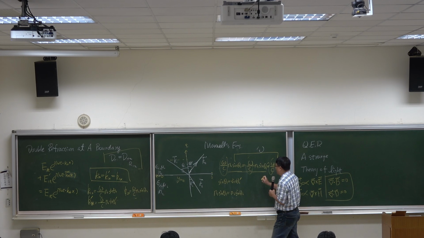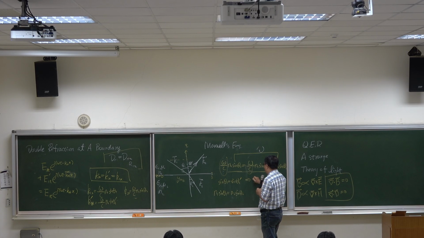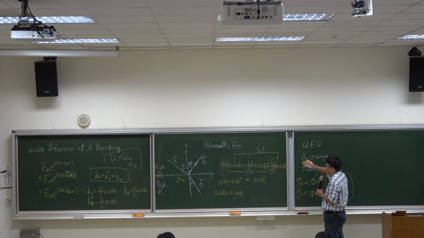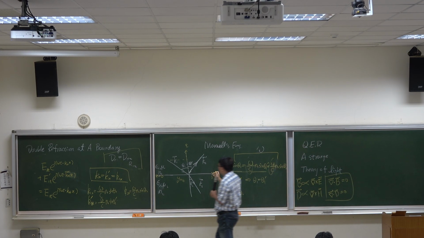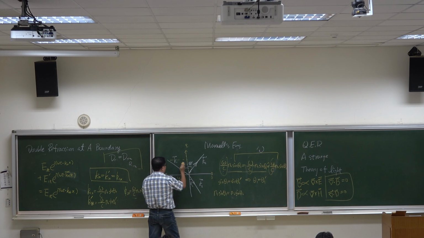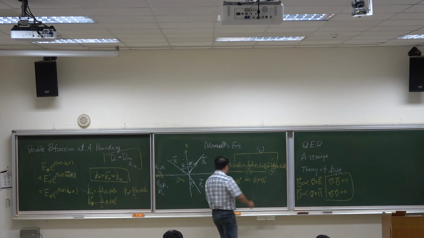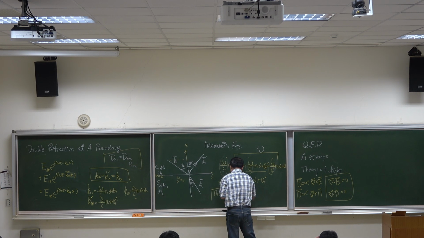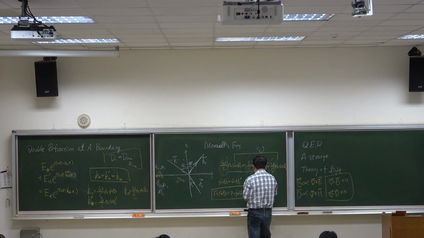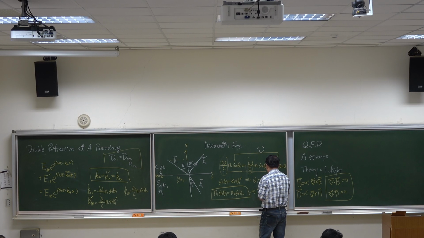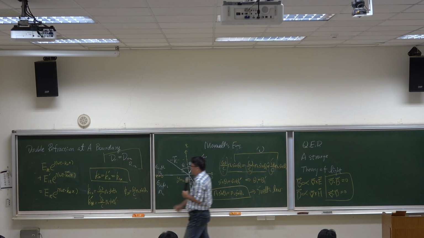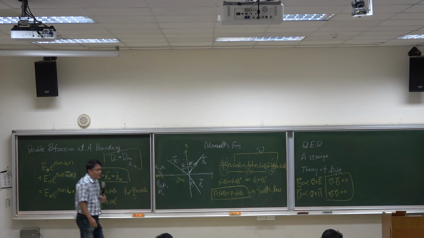So this tells us that theta 1 is equal to theta 1 prime, which means that for the reflected beam, the angle is the same as the incident angle. And the second equation is just Snell's law. So what is Snell's law?